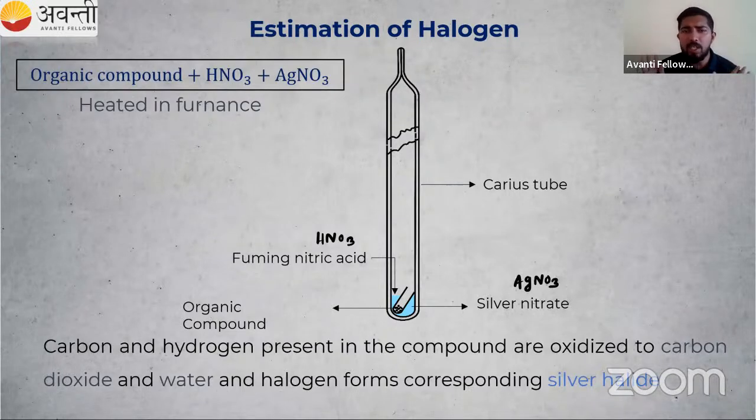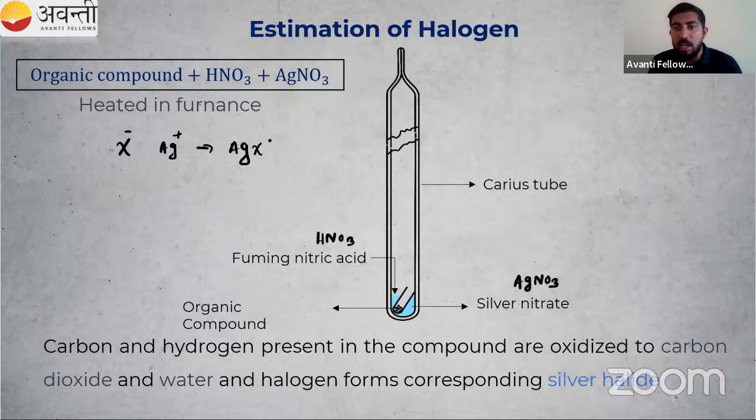If carbon and hydrogen are present, they are oxidized to carbon dioxide and water. We used Liebig's method to find the percentage of carbon and hydrogen. Then if halogen is present, I can write X. Then Ag+ from AgNO3 we are adding. So X and Ag+ will form AgX, that is, silver halide.